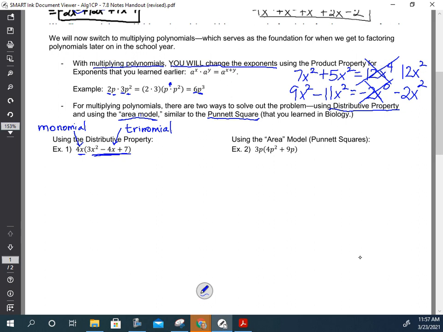So we have a monomial, one term, times a trinomial, three terms. Part of the review on Thursday, we'll be reviewing those terms because they will show up on your Unit 7 test. But when we work the problem out, we're doing distributive property the same way that we've been doing.